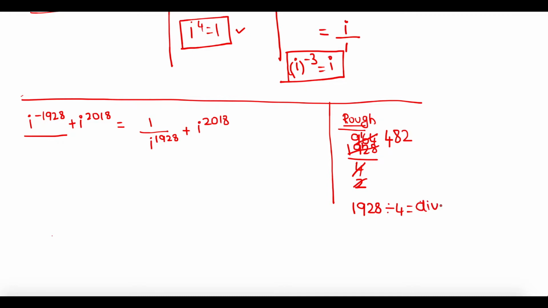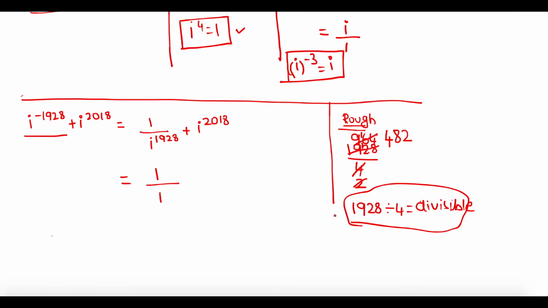So what does that prove? We can write it like i power 4 of so and so. The moment I find that it is divisible by 4, I'm going to write it as 1. Anything to the power 4.